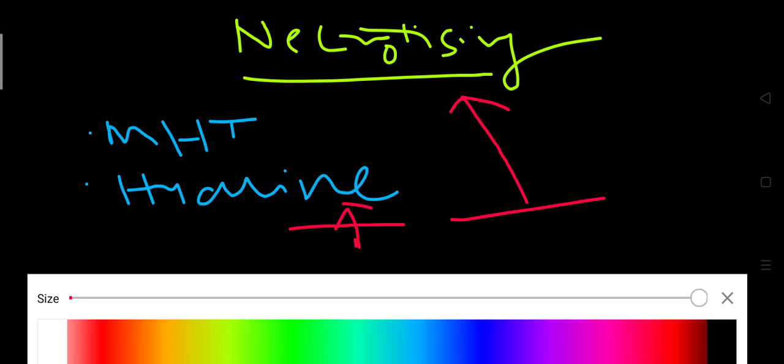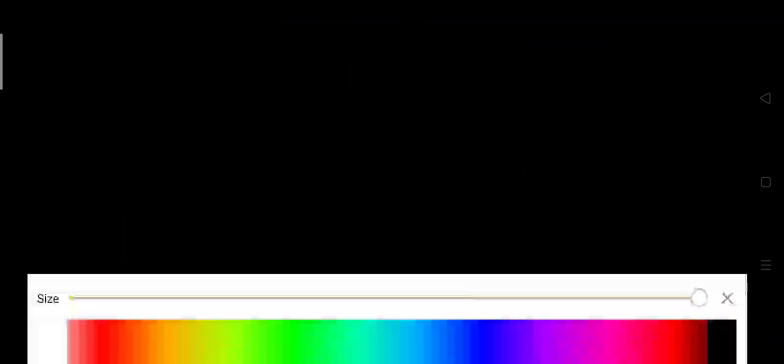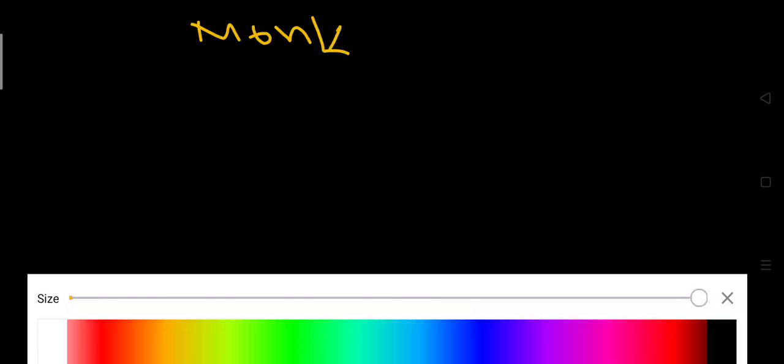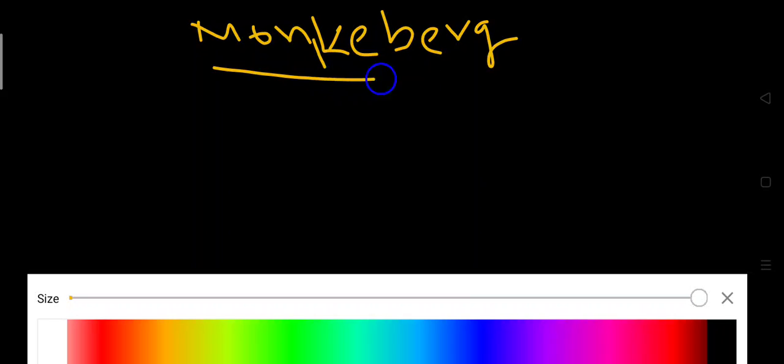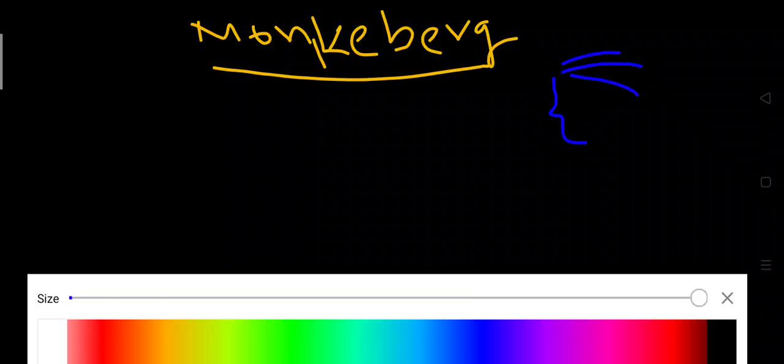Now we will look at the third variety of arteriosclerosis, that is Monckeberg arteriosclerosis. What about this name Monckeberg? Monckeberg was the person who first described this condition.